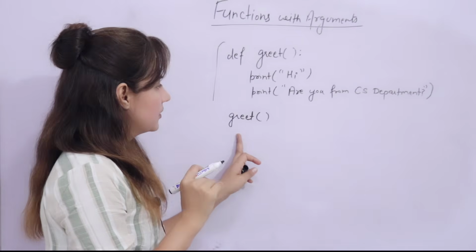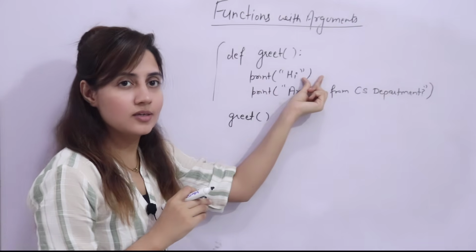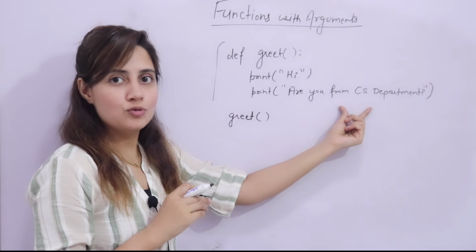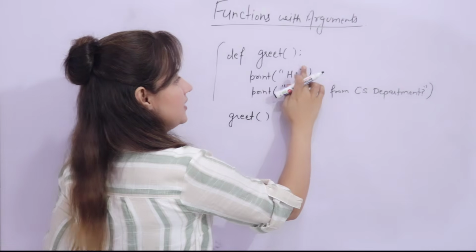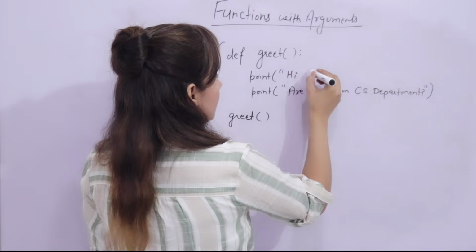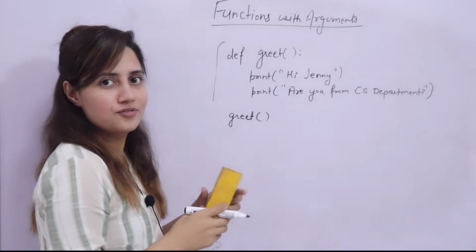But see, rather than this, if you want to print hi Jenny, are you from computer science department, right? The simple trick is simply write here hi Jenny. Okay, fine.